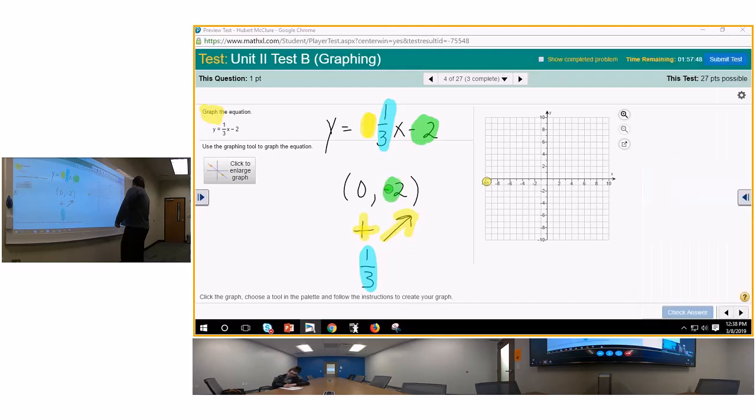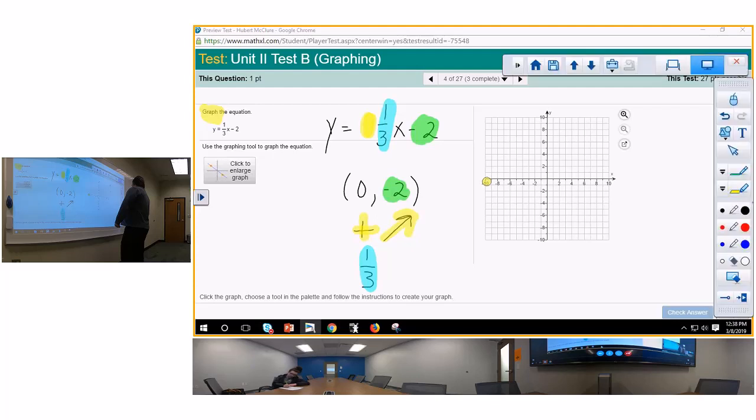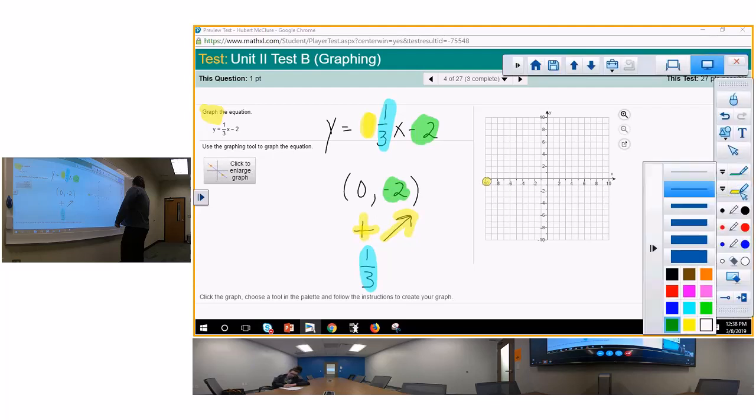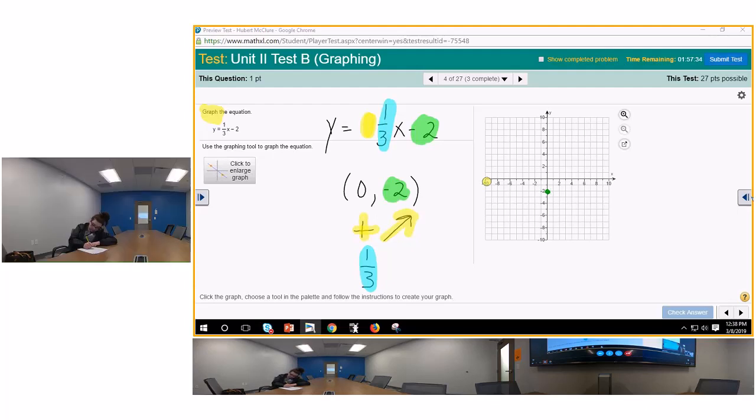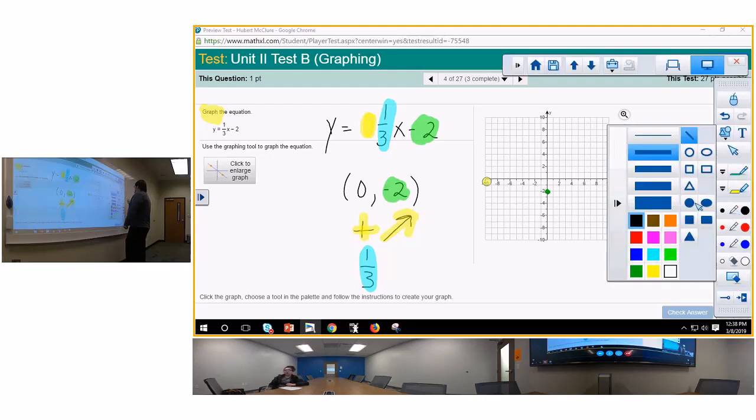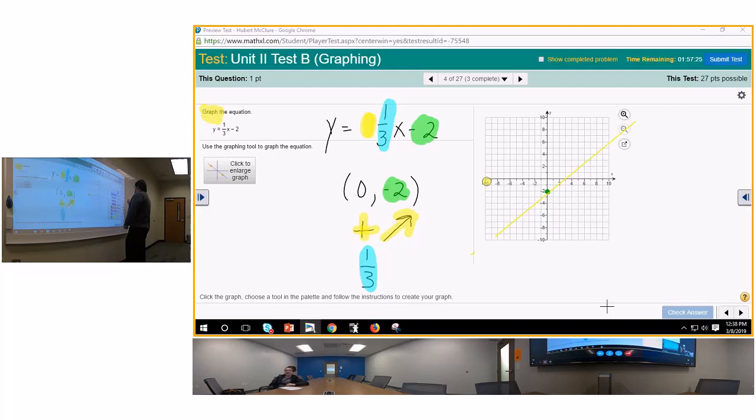So now I'm going to take my handy dandy green marker and plot my y-intercept, 0, -2. I'm going to take my straight edge and make it yellow and draw a line left to right, up. Notice I'm not even on the green point.